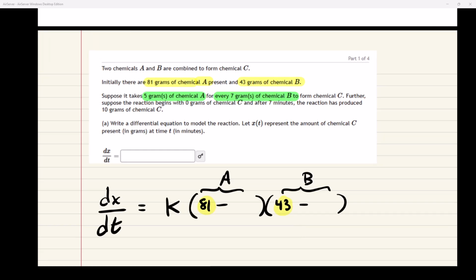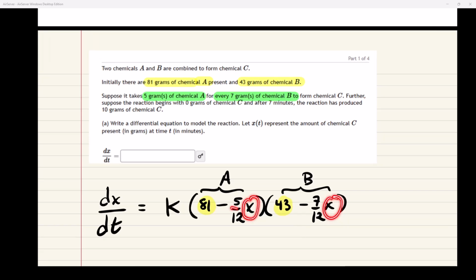We use that to say there's the fraction 5 over 12 times the amount x of chemical C that I currently have. For every 12 grams that I make of chemical C measured by the variable x, I'm going to take away 5 from A, and for every 12 that I make of chemical C, I'm going to take away 7 from B. So imagine for a moment that you had 12 here and 12 here.